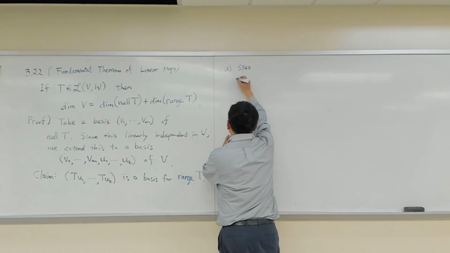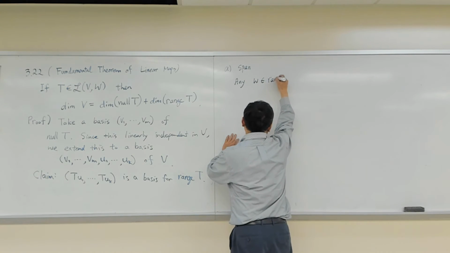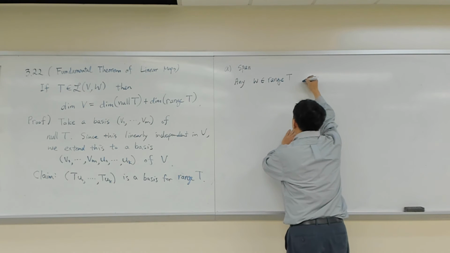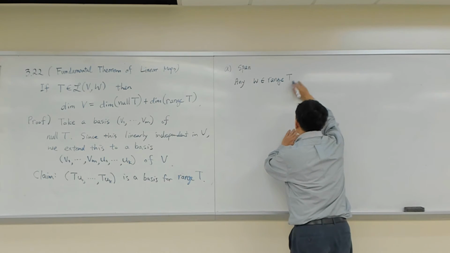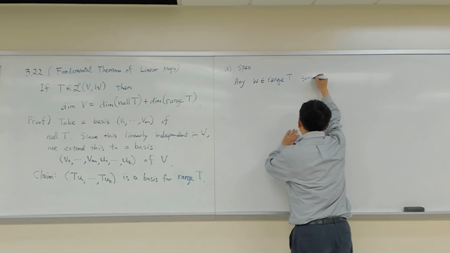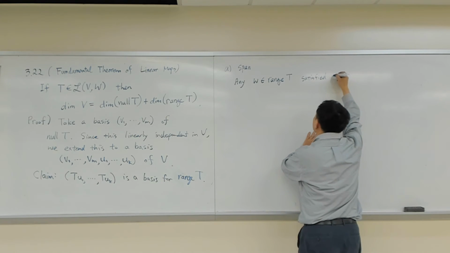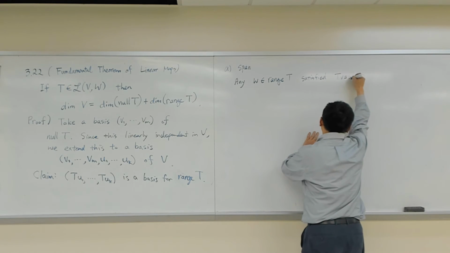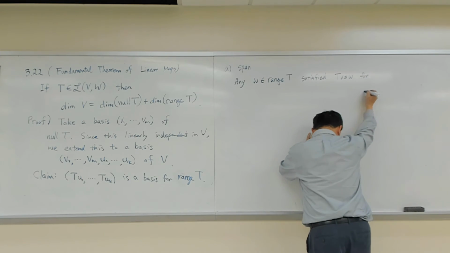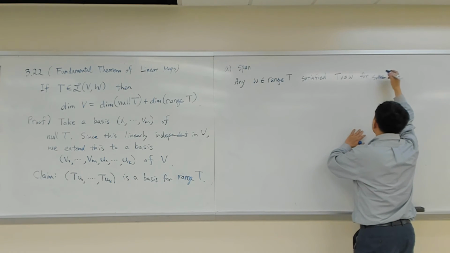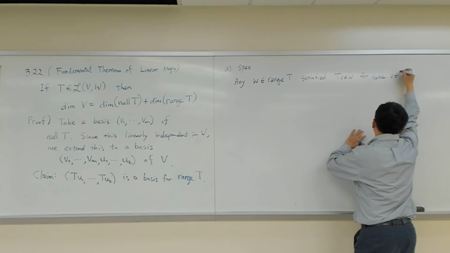So any W in the range of T satisfies T(V) equals W for some V in V, okay?